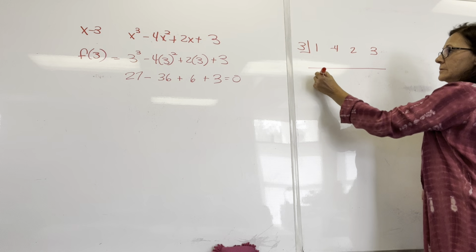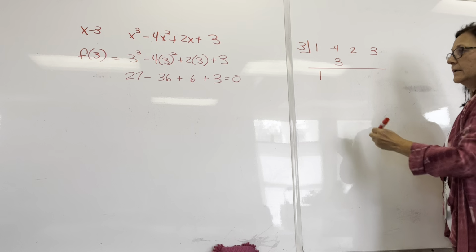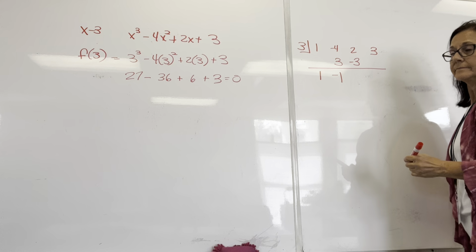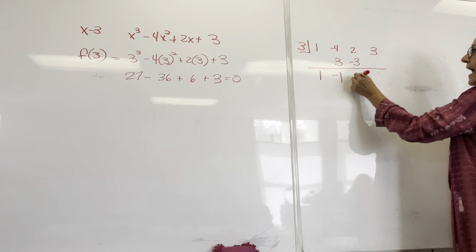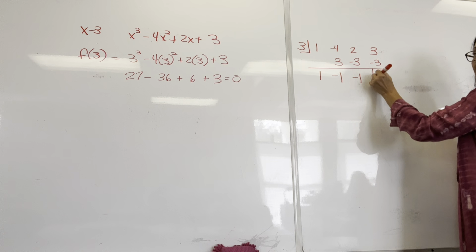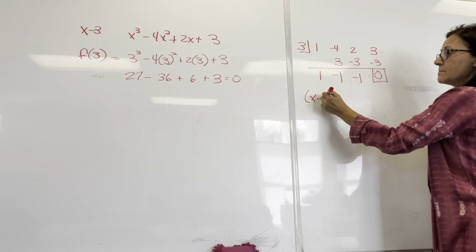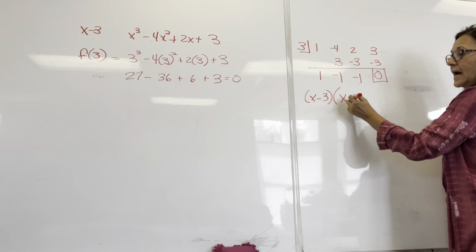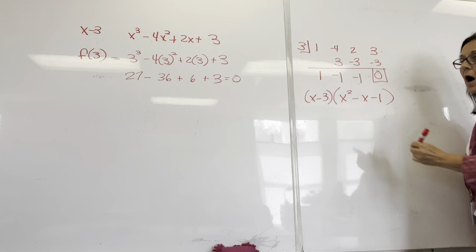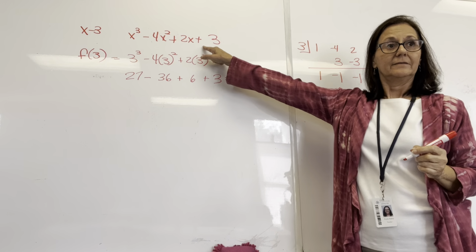I bring down, I multiply, I add, I multiply, I add, I multiply, I add. When I get a 0, then I know that x minus 3 times x squared minus x minus 1 are the factors of that.